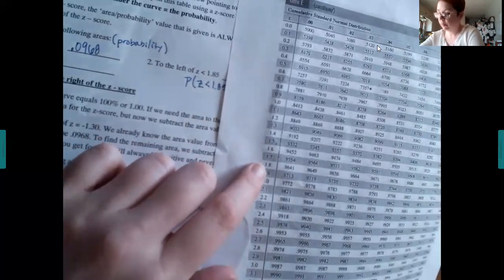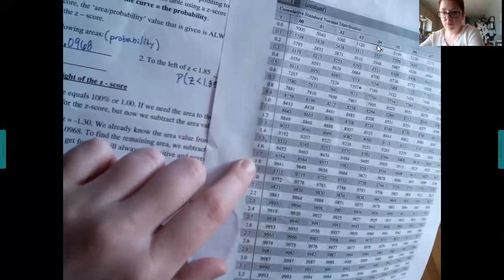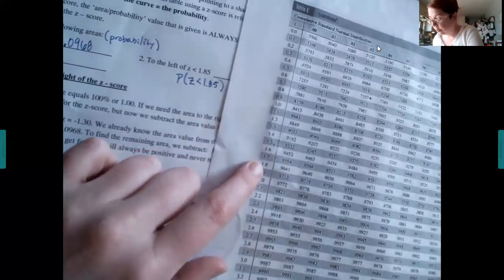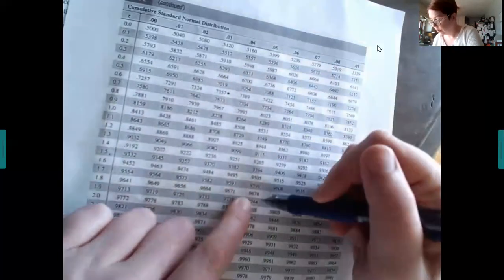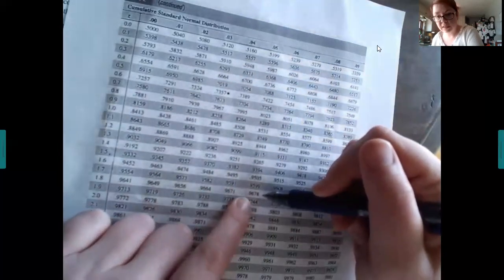And we're going to look up 1.8 in this column here. And we're going to go to the second digit, which is 5, which is going to be up here. So we see we're at 1.8. Here is 5. Go over. 0.9678.